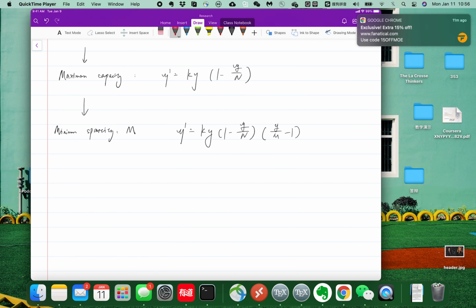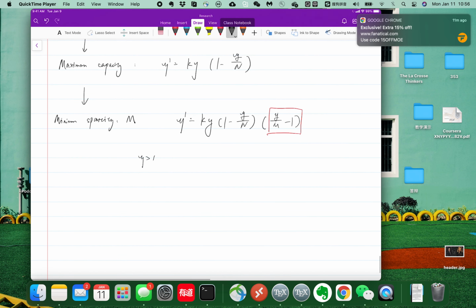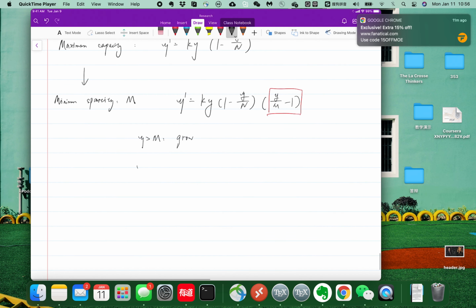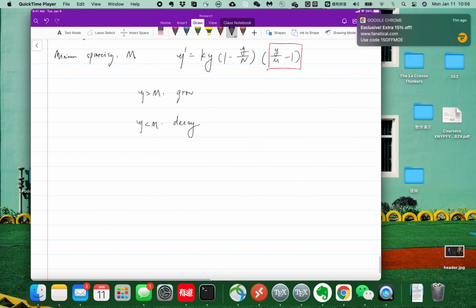So this new additional term does one thing. That is, if y is bigger than m, the whole thing is positive, survive, or in our way, grow. If y is less than m, your derivative is less than 0, you decay. So that means you won't be able to grow or reproduce or survive until you have a sufficient amount, which is m.